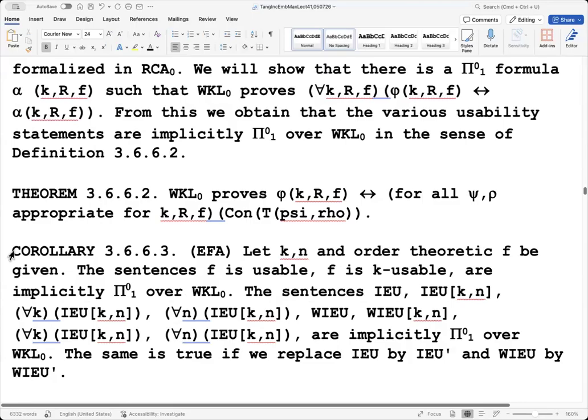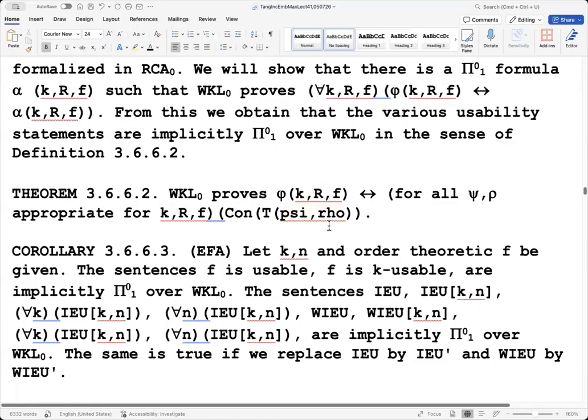I should have formatted this with the Greek letters, but the idea is that having an F embedded maximal chain for an R, where R is k-dimensional, is actually a pi 0 1 sentence.